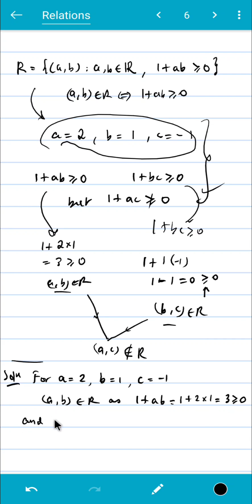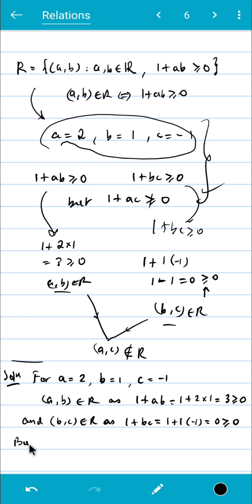And also (b, c) belongs to R as 1 plus bc equals 1 plus 1 times minus 1, so this is 0, and it is still greater than or equal to 0.